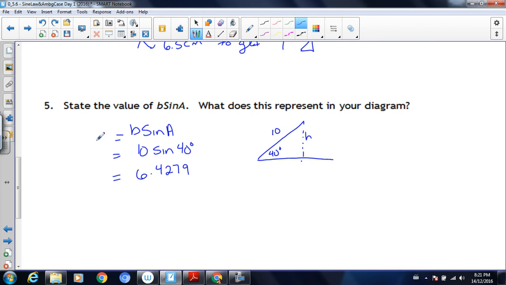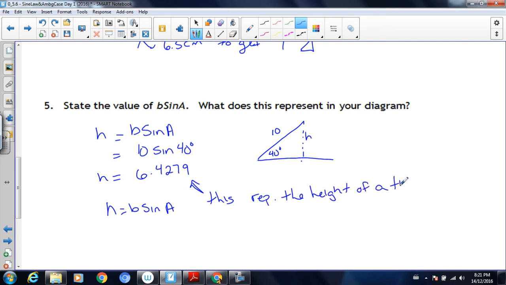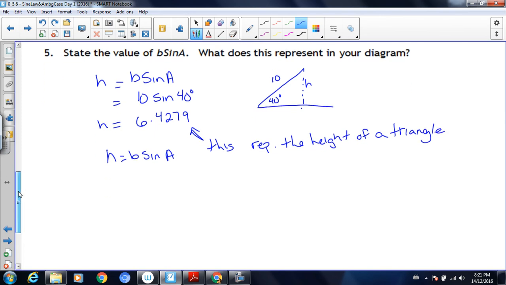So therefore, B sine A is my height. So this represents my height in my diagram. So the height is equal to B sine A. This represents the height of a triangle.